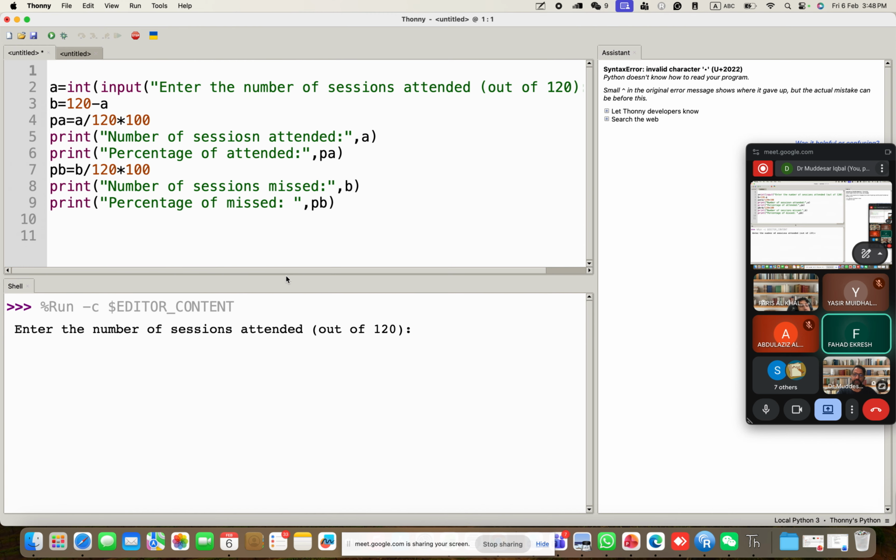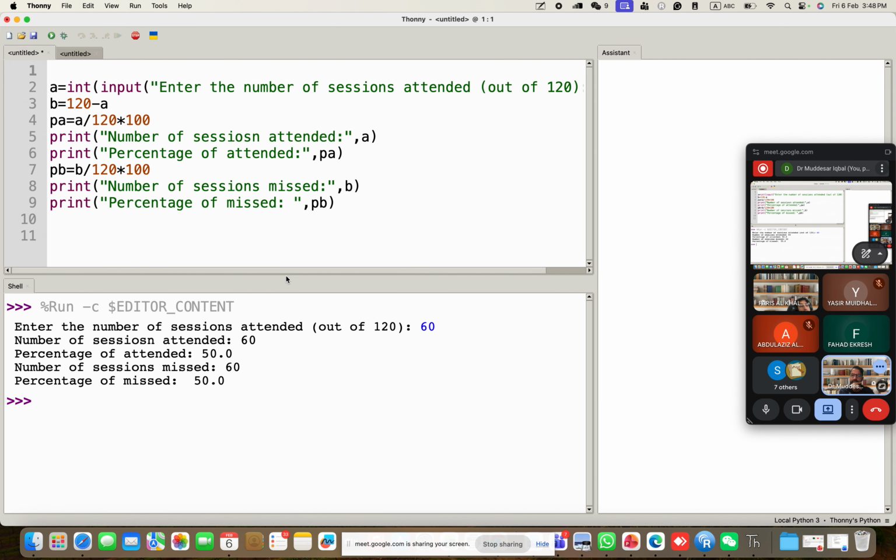Okay. Let's say you have a total of 120 and you attend 60. If you attended 60, you missed 60, your percentage attended is 50%, missed 50%, and it's all correct. I deliberately put 60 so you know what the percentage is.